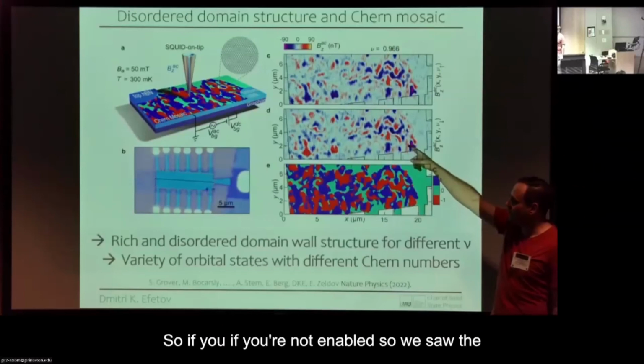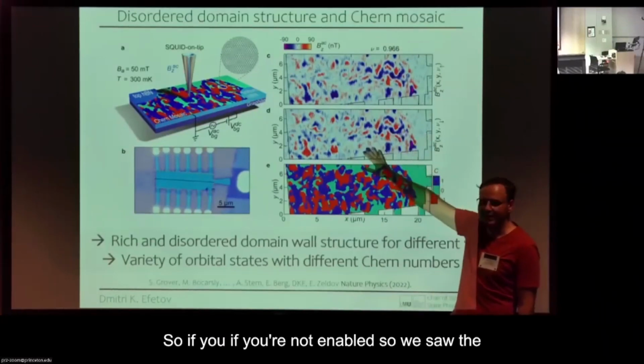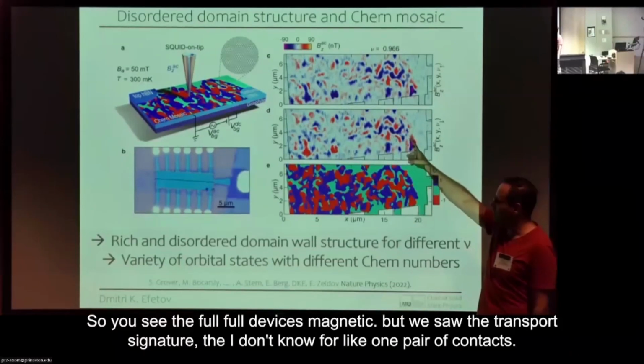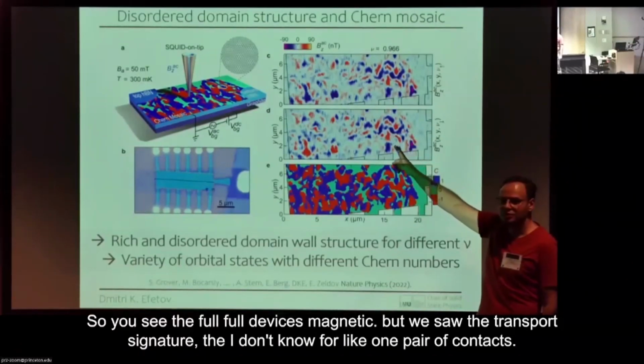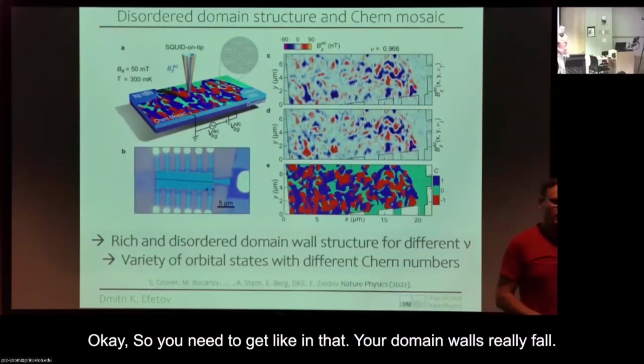The full device is magnetic, but we saw the transport signature, the anomalous quantum Hall, only for one pair of contacts. So you need to get lucky that your domain walls allow you to measure this, right?